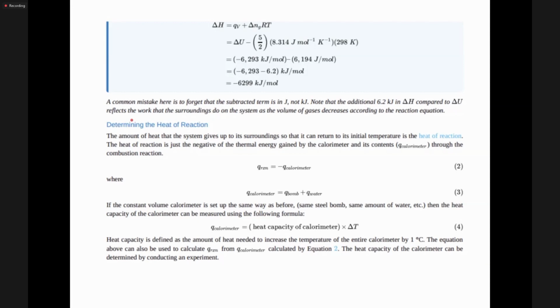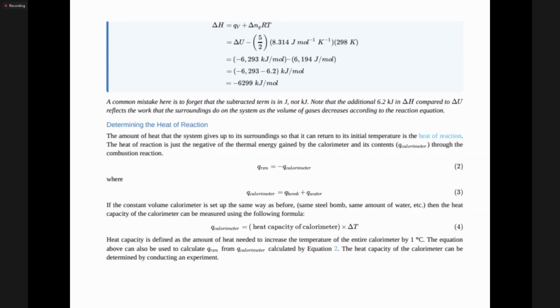Here you can see delta U value is 6293 kilojoule per mole, but the extra 6.2 kilojoule per mole of delta H is also introduced. That introduction comes from the fact that the surroundings are performing some work on the system. That's why the volume of the gas is decreasing.